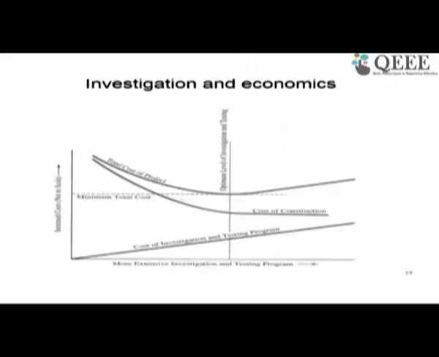After that, even if you go on increasing investment in site investigation, your cost of construction may not reduce after some limit. So there is an optimum point which the uppermost curve shows, which is the optimum cost of the investigation. So we should always look for that investigation methodology and cost.